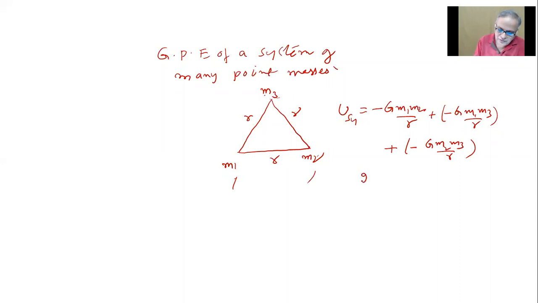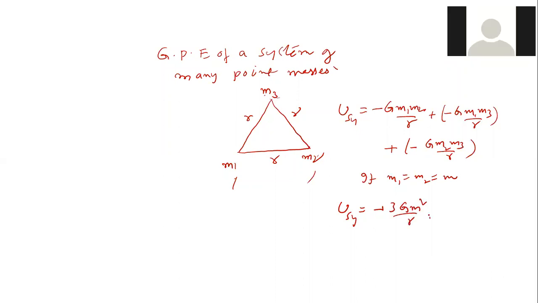If M1 equals M2 equals M, what do I get? U of the system equals minus 3 G M square by r. Do you follow?